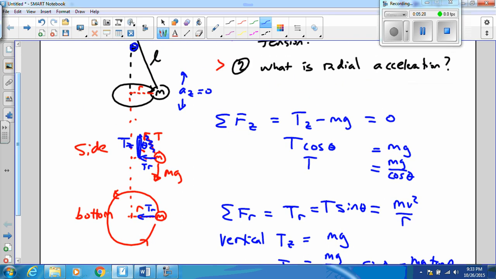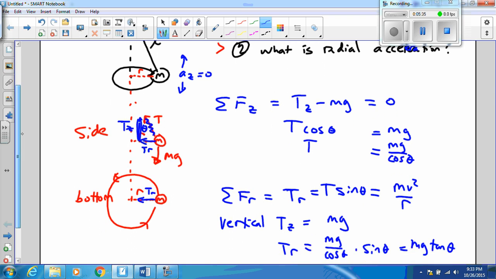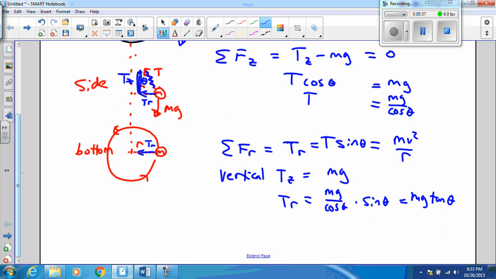The second question is, what is the radial acceleration? The radial acceleration of the object. Here we want to be careful to answer in terms of the question, because I could actually give two different answers. I could say that the radial acceleration is equal to v squared over r.